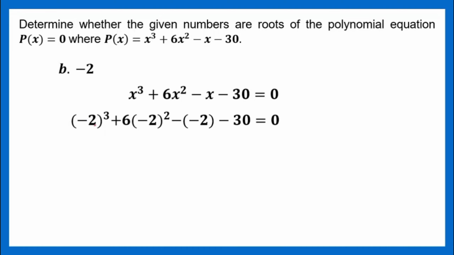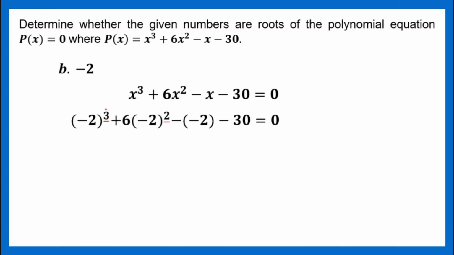So, negative 2, naka-cube, plus 6, tas yung parenthesis, negative 2 squared then, minus negative 2, minus 30 is equal to 0. Ayan. So, ito yung sinasabi ko kanina. Kapag ang base natin ay negative, so since negative to ito, yung nasa loob natin ng parenthesis, tas naka-raise sa isang exponent, ito yung technique, ito yung shortcut.